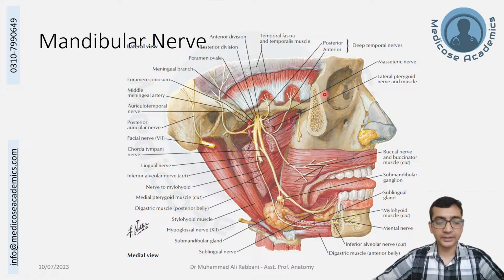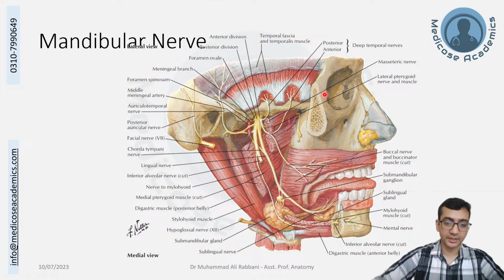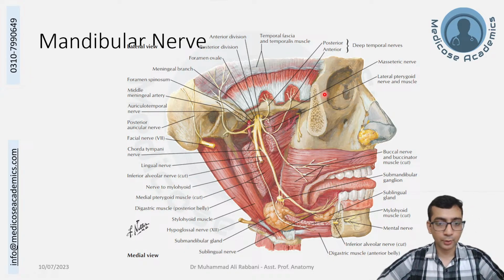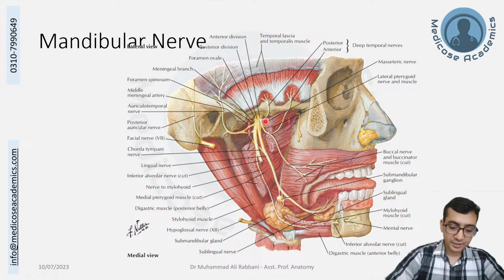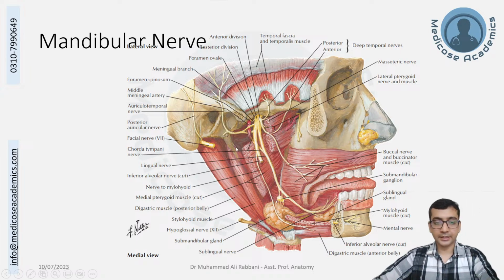I will also focus on which components, like parasympathetic fibers, are going there, and whether only sensory and motor fibers are going there. I will discuss that with the cranial nerves, but let's focus on what can be seen right here.